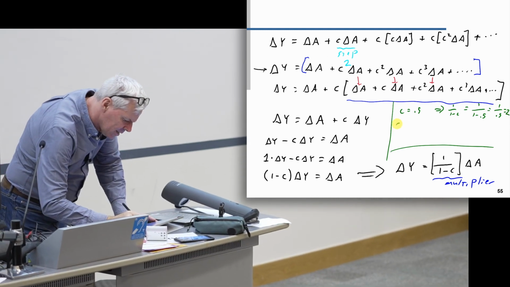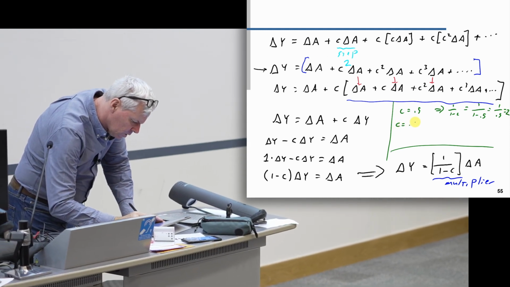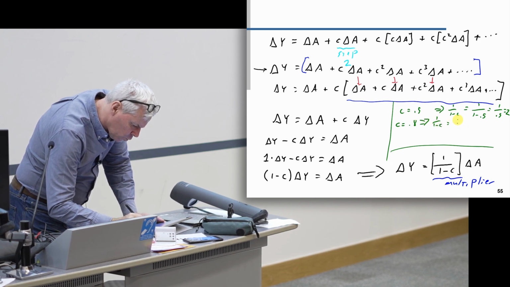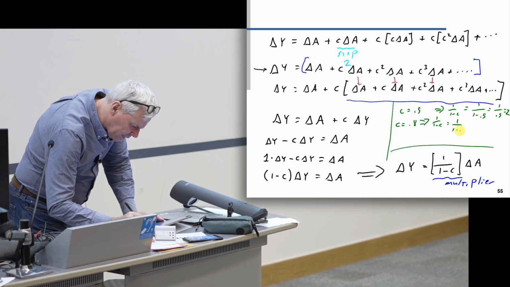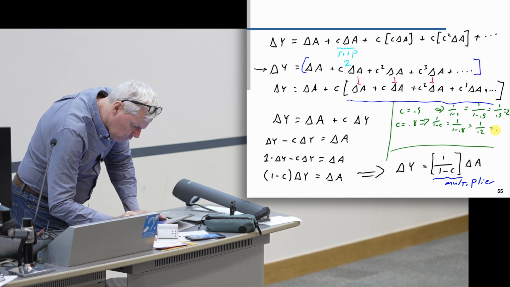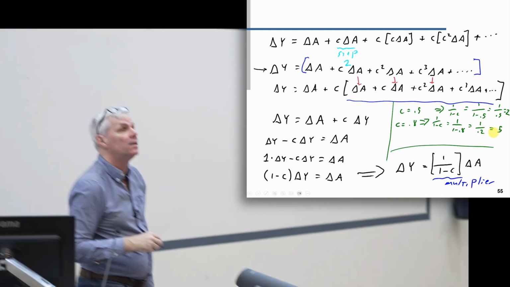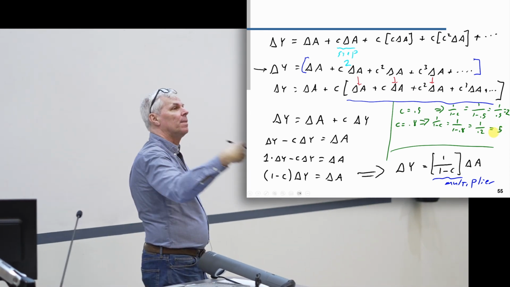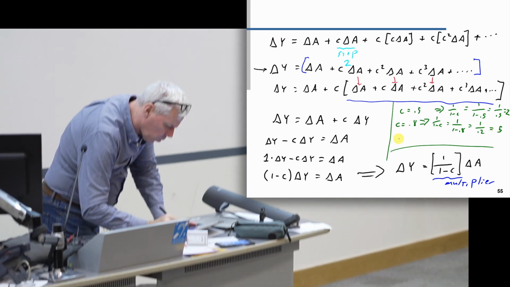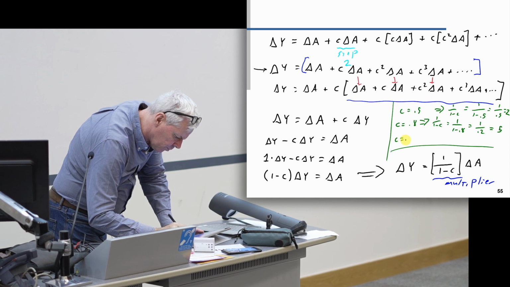So what do we have? c equals 0.8. Then we get 1 over 1 minus c is equal to 1 over 1 minus 0.8 equals 1 over 0.2, which is equal to 5. Output goes up by 5 times the amount that autonomous expenditure goes up. And just for one more, c equals 0.9.